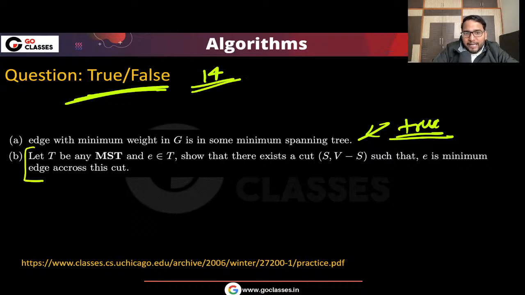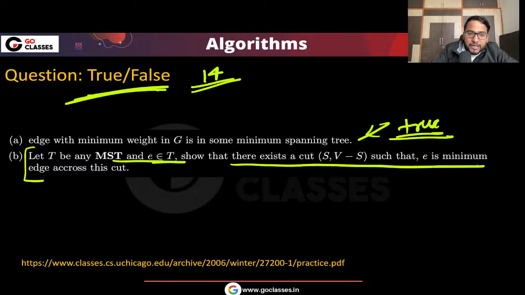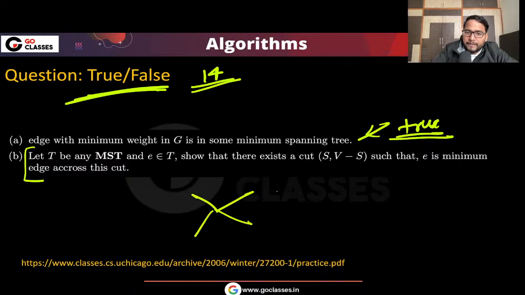This is question number 14. Let T be any MST and E belongs to this. Show that there exists a cut such that E is the minimum edge across this cut. So let's consider an MST, which is T, and E belongs to T, with E across the cut. Show that E is the minimum edge across this cut.